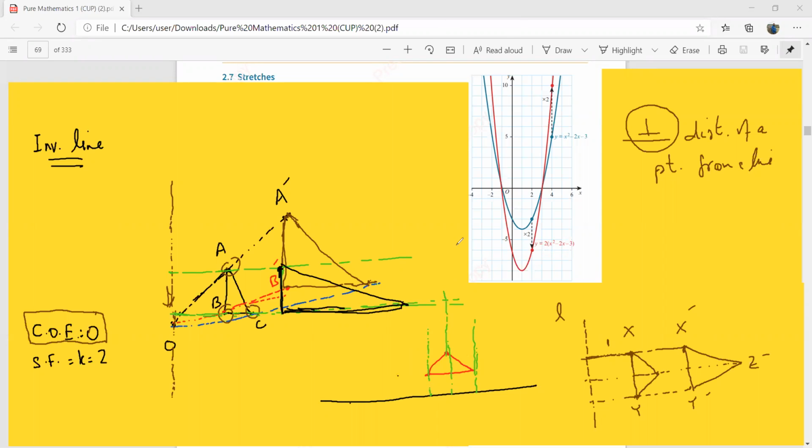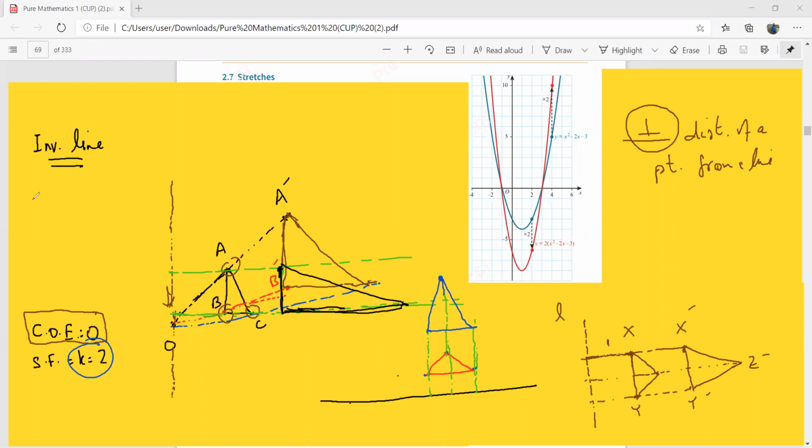So suppose you have stretched this vertically, this triangle, depending on the scale factor, should look like this. When you're stretching something vertically, the distances of all these corresponding points change according to the scale factor from the invariant line.